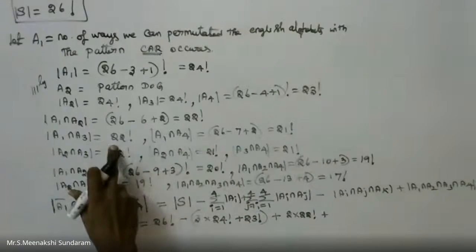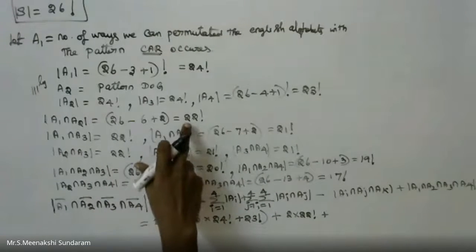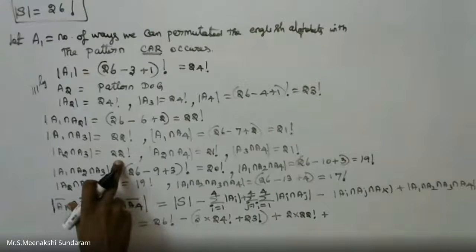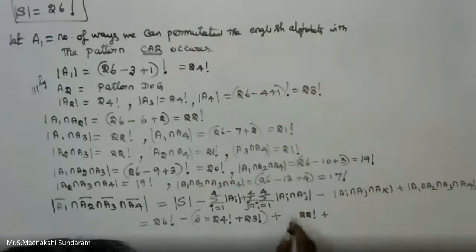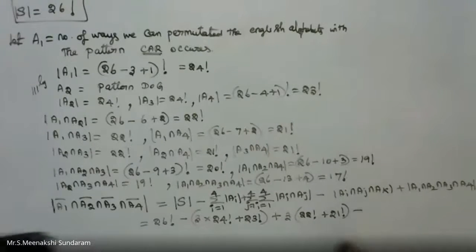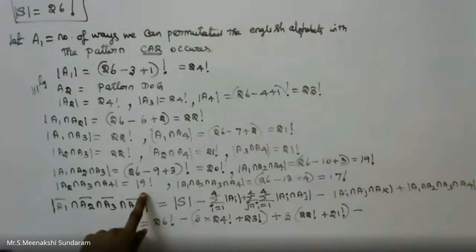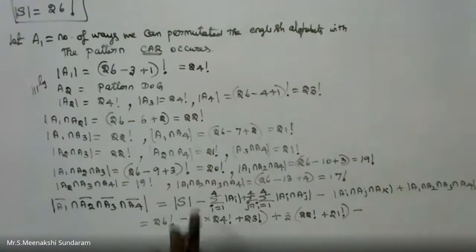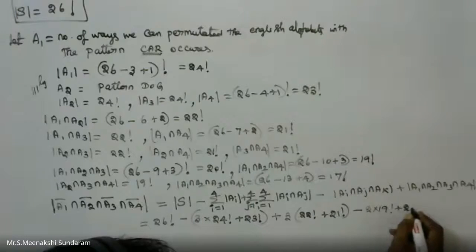Here the values are 22, 22, 21. I think 22 will come 3 times, and 21 also 3 times. So 3 times 22 factorial plus 21 factorial. Minus, next, the 3-combination is 20, 19, 19: 2 times 19 factorial plus 20 factorial.